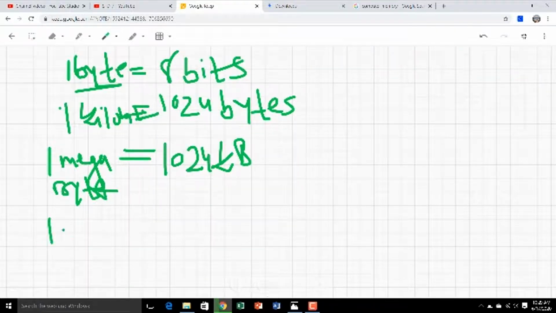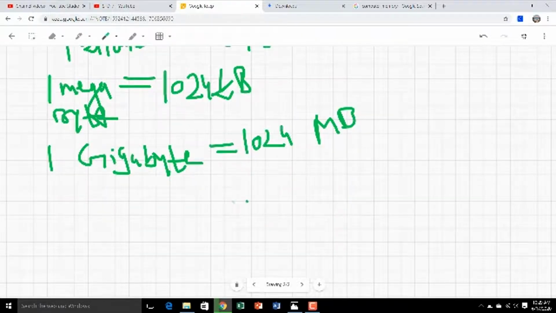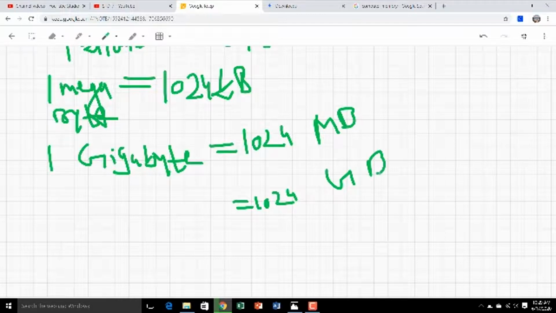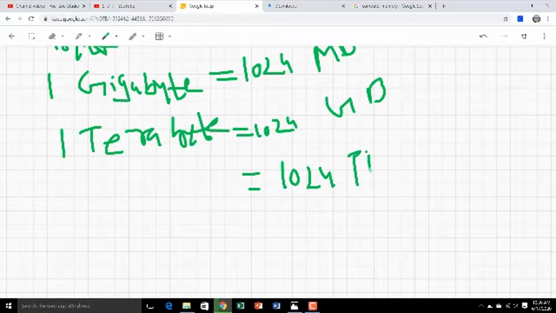1024 megabytes equal 1 gigabyte. 1024 gigabytes equal 1 terabyte, means 1 TB. 1024 terabytes equal 1 petabyte.